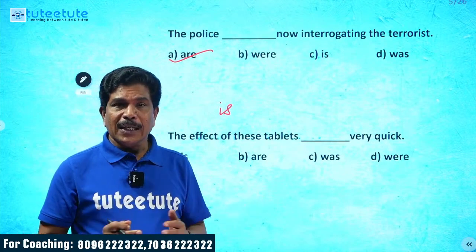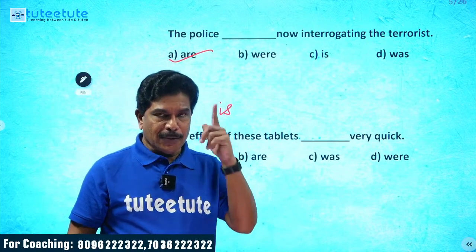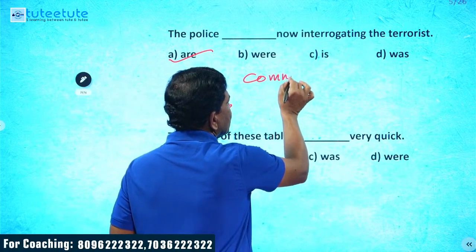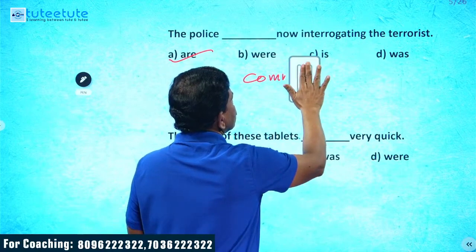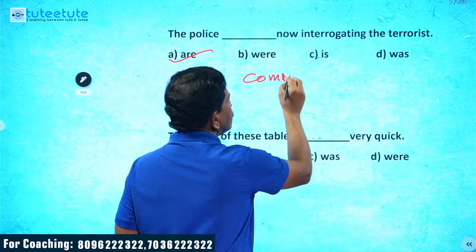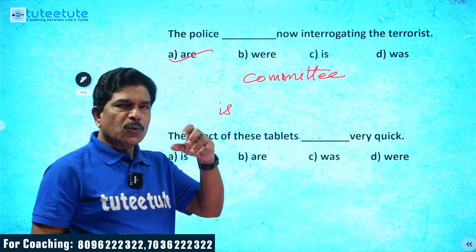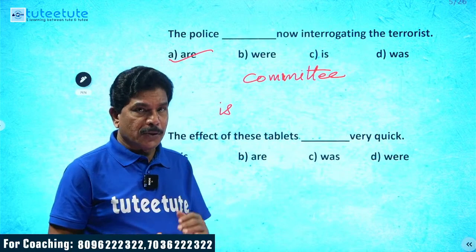And you may be wondering whether there are other group nouns like this. Yes. We have seen committee. A committee always consists of more than one person.